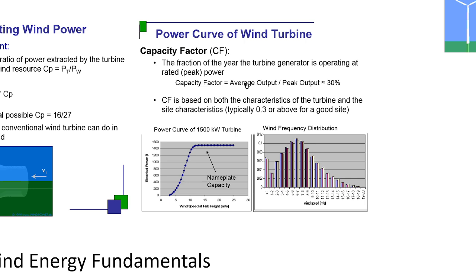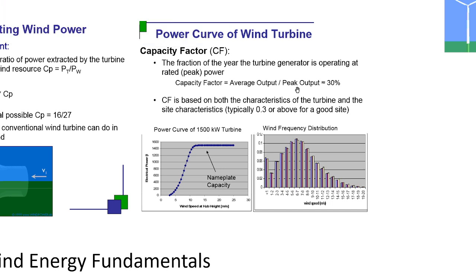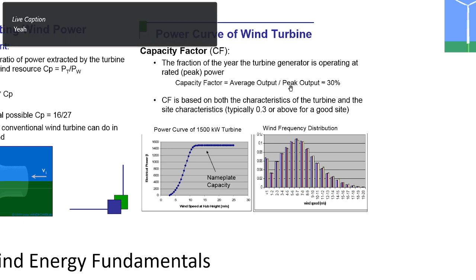No, you need not give the average. The actual generation will be divided by the total number of hours into the peak capacity, 8760 for the entire 365 days, into 1500, assuming that will be the capacity utilization factor. You got it now?